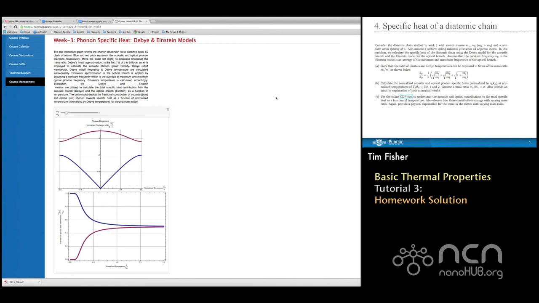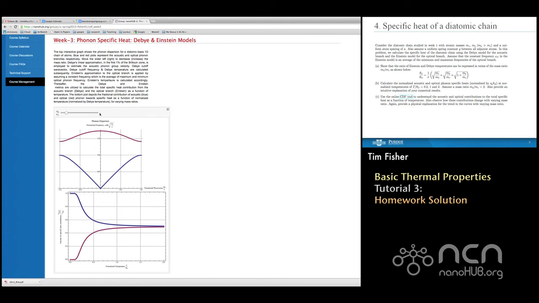So what I have here on my screen are two graphs, which are dynamic graphs, which change as the mass ratio changes through the slider on top. The top graph is the dispersion relation, which has the optical and the acoustic branch, and the bottom graph tells you the percentage contribution of the Debye and the Einstein specific heat to the total specific heat.